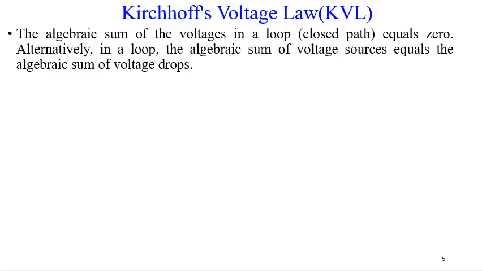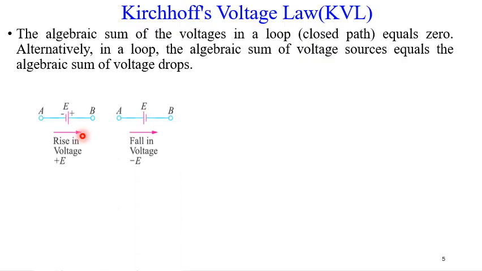Kirchhoff's voltage law states that the algebraic sum of voltages in a loop equals 0, or we can also state it as the algebraic sum of voltage sources is equal to the algebraic sum of voltage drops. So let us use some diagrams to explain it.